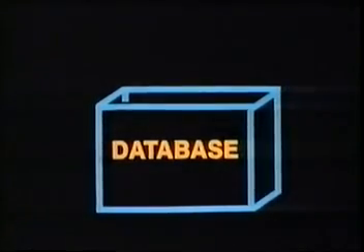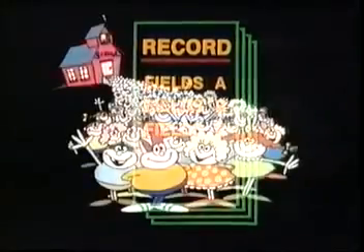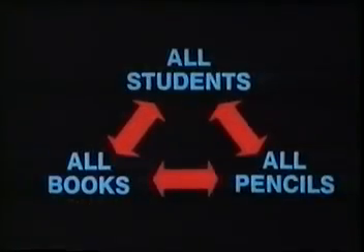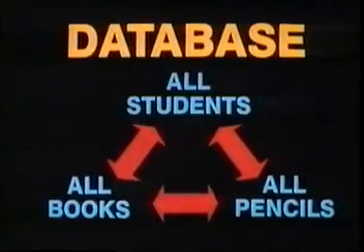In other words, a database is a filing system, which contains lots of files, each of which contains lots of records, each of which contains detailed items of information, which are called fields. For example, if you had information about all the students in a school, and all the books, and all the pencils, and if all this information were interrelated in a systematic way, then you could call this a database.